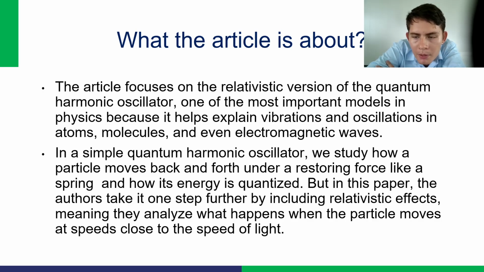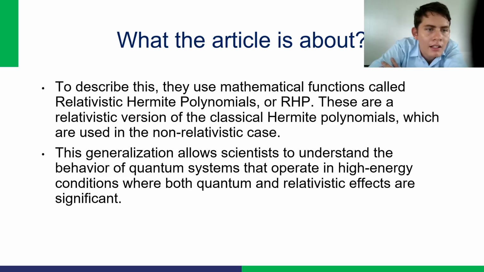But in this paper, the authors take it one step further by including relativistic effects, meaning they analyze what happens when the particle moves at a speed close to the speed of light. To describe this, they use mathematical functions called relativistic Hermite polynomials or RHP.